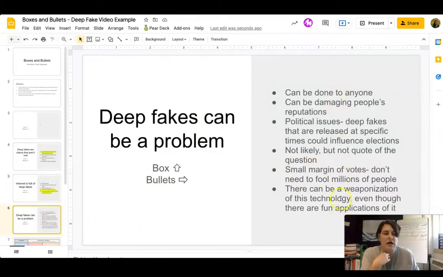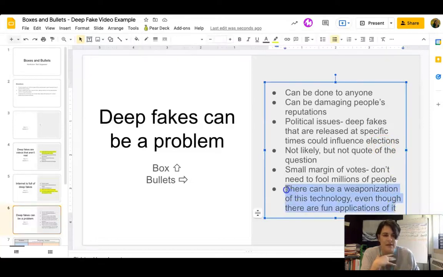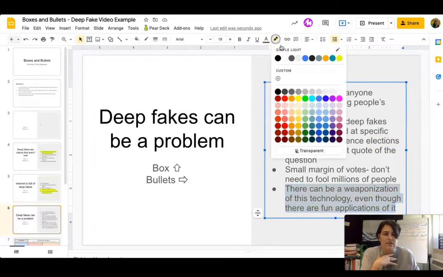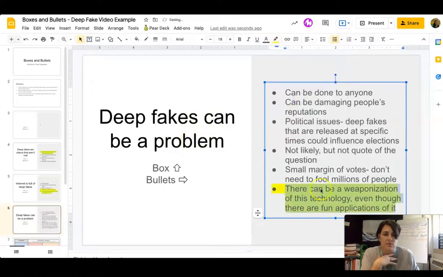I have a lot of information here, so I'm going to quickly go through and see, is there anything specific on this? The idea that this can become a weapon, this technology, is very important to the idea that this can be a problem, even though there's fun applications. Great detail, but we wouldn't need it.